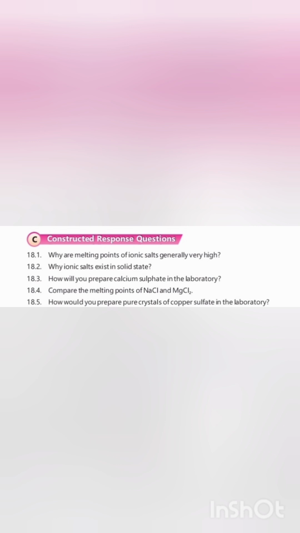The fourth question is, compare the melting points of sodium chloride and magnesium chloride. The melting point of magnesium chloride is significantly higher than that of sodium chloride. Reason: ionic charge. In sodium chloride, the ions carry a plus and a minus charge. The magnesium ion carries a plus 2 charge.